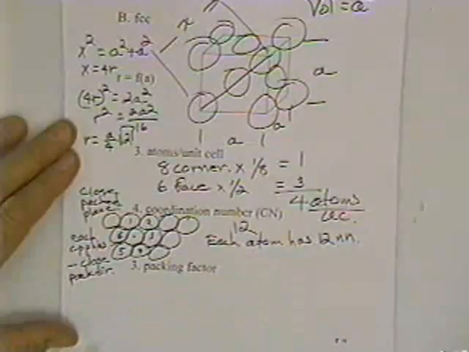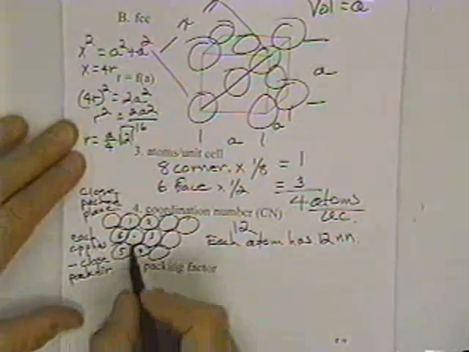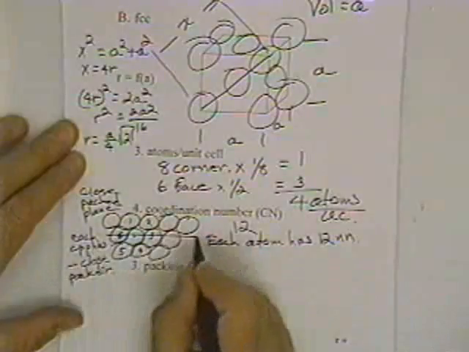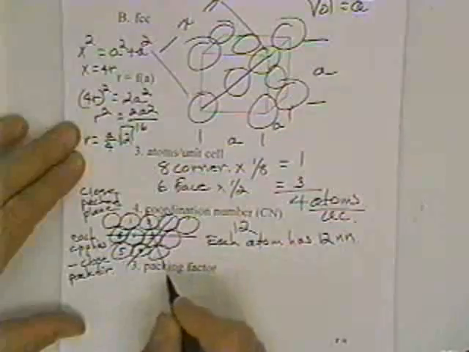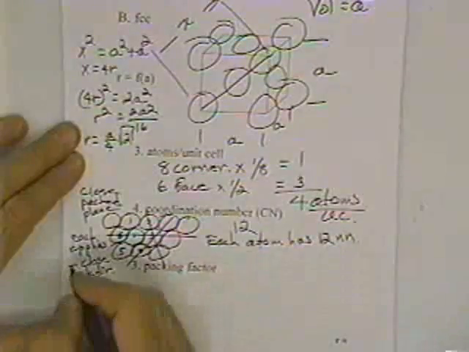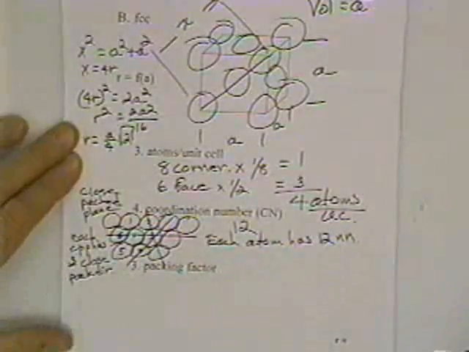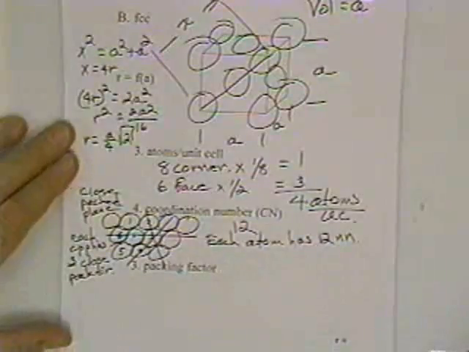How many do you think it has? What's a close packed direction? That's one where the atoms are going to be in contact, so it looks like we might have 1, 2, 3. So each close packed plane has 3 close packed directions within it.